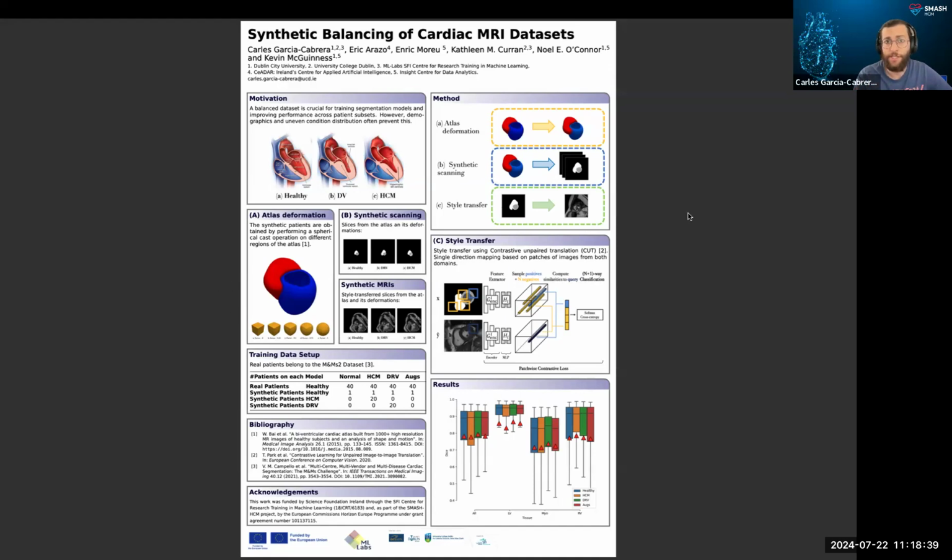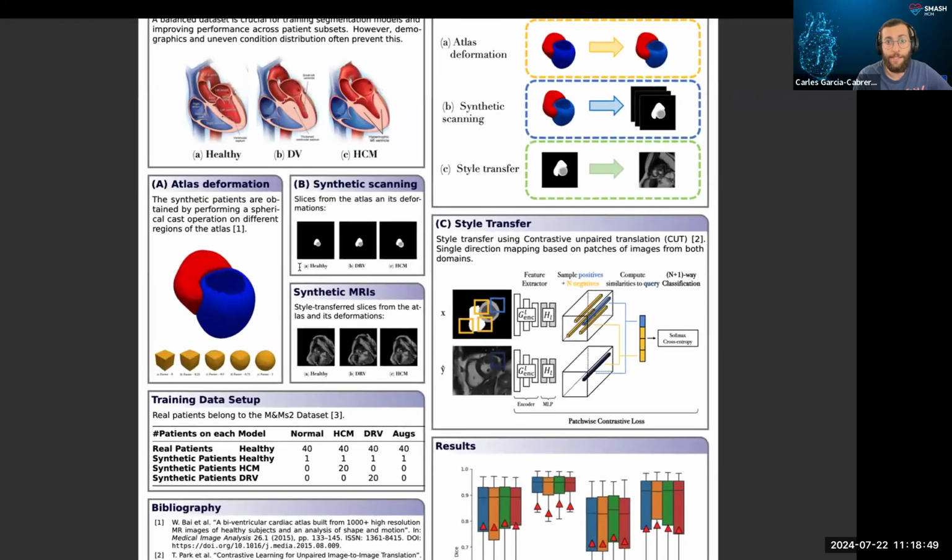There were a set of ranges that we used to generate different ones. Through that deformation, we slice this model as if it was a synthetic scan, and we then use these mask-looking images to transform them into realistic MRIs.